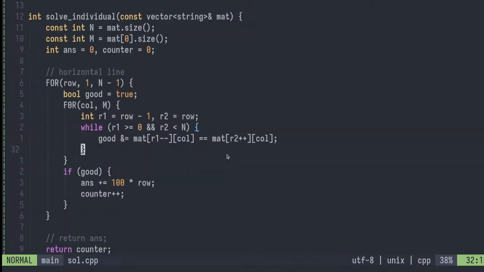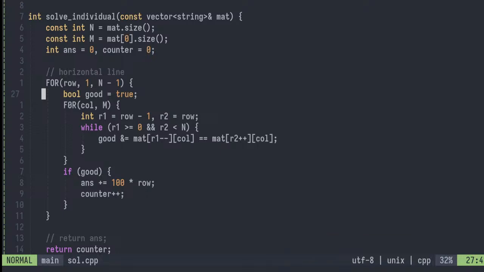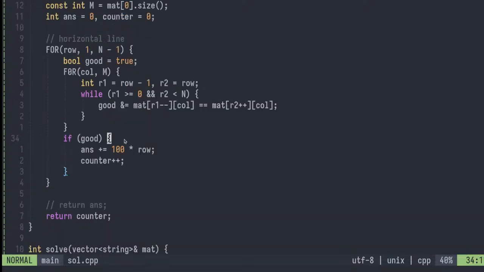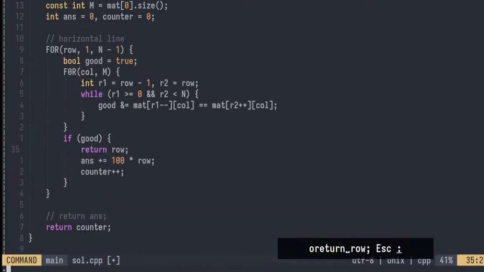I can return, since they are saying there is only one, so I will return... what should I do here? Since I'm returning the row only, so let's return answer from here, return row.